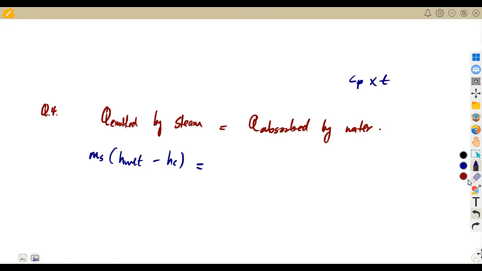But because of the mass of water given, we have the mass of water times the specific heat capacity of water. This time, you're going to consider the change in temperature. It has changed from a certain value to a certain value, so the change in temperature is T2 minus T1, or T out minus T in. So this is what you're going to have.